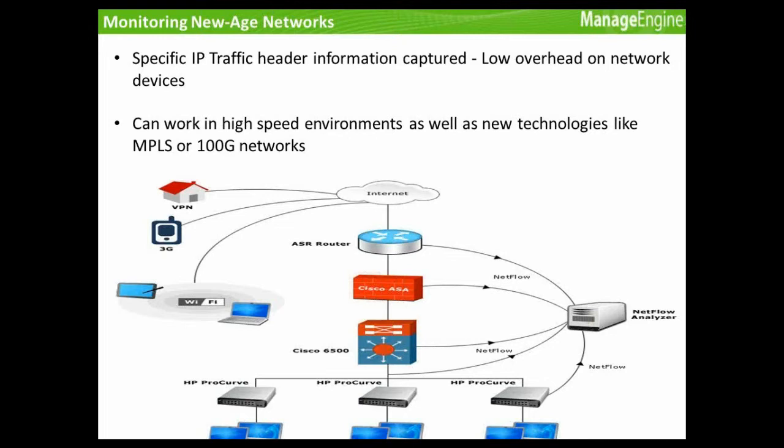You can implement NetFlow anywhere with no strain on the network and not much storage needed. So that is where NetFlow is important. You can use it in any sort of high-speed network.